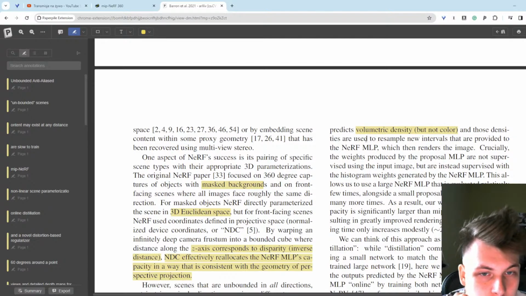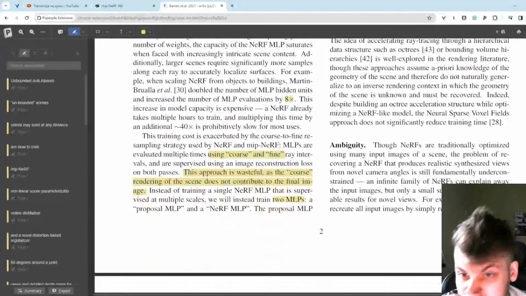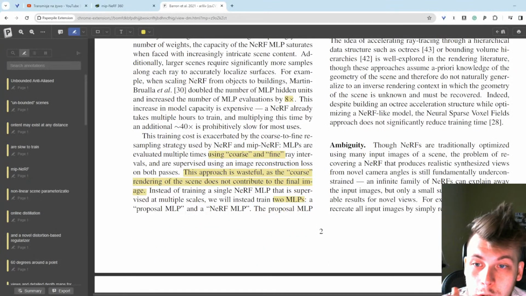Exactly. So basically, instead of doing this 2 times, they will have one network that is yielding this base density, and then they will have the second network that is actually doing the full NeRF-like evaluation, which is only going to do the fine level.